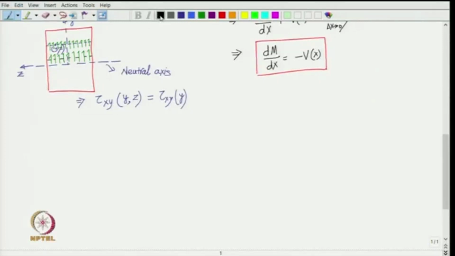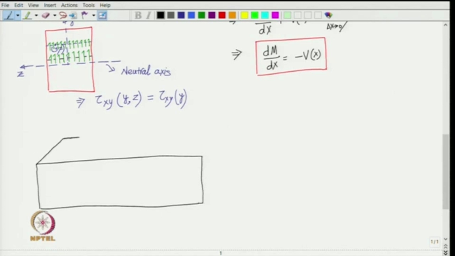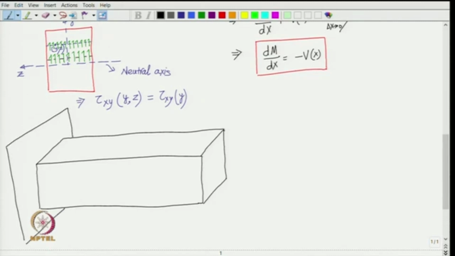So, we have a rectangular beam, and it is clamped on one end, and then we have the neutral plane which passes through the centroid of the cross section.